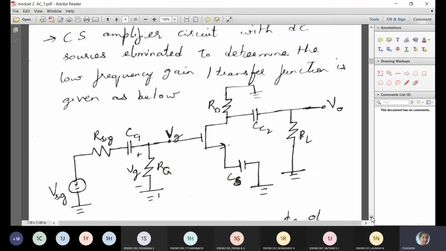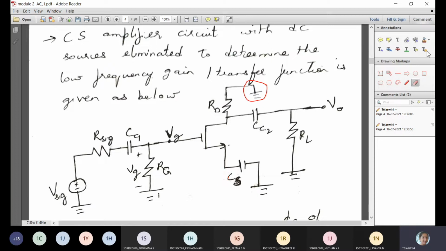So in the low frequency response of a common source amplifier, we are eliminating all DC sources, both voltage and current. That's why the elimination is shown here by grounding the drain terminal. Similarly, the current source is not taken here, so that is also eliminated, and CS is connected directly.